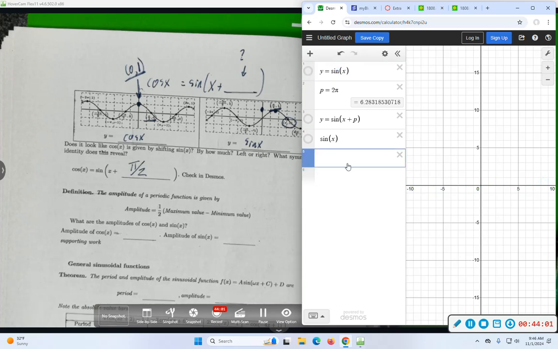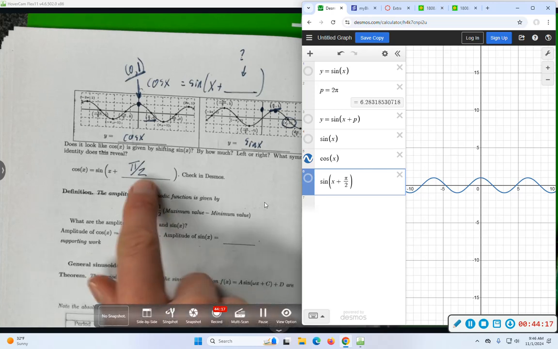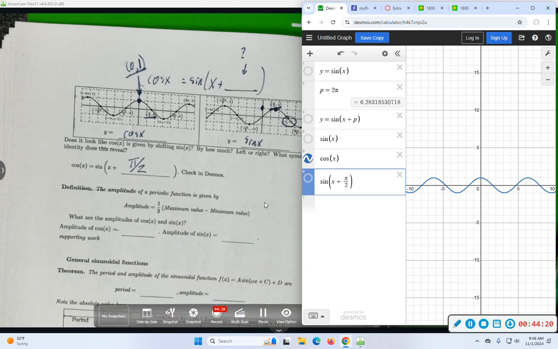So let's graph some things. Let's graph cosine of x and the sine of x plus pi divided by 2. Those two look like they're on top of each other? Nice. So there's another identity that you can now just know.